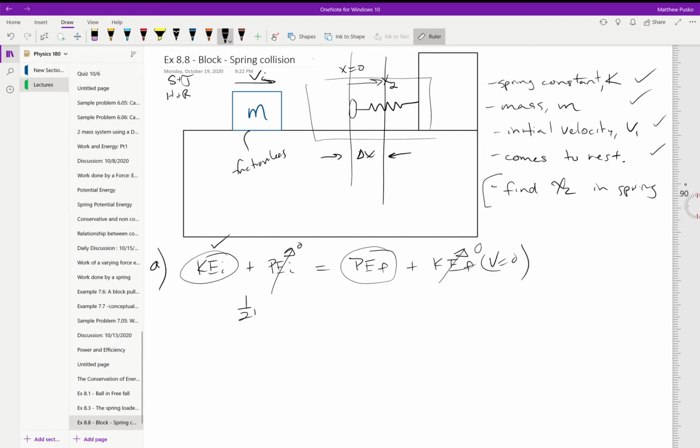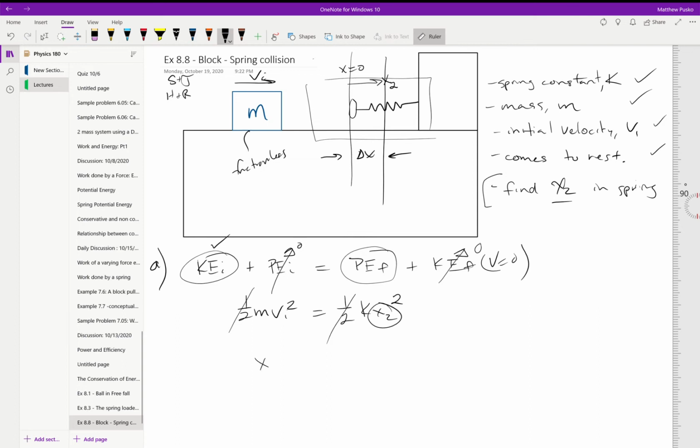We're just going to get 1/2 m v1 squared is equal to some spring term, 1/2 k, and we called it x2 squared. And we can solve for that right there. We're done. Just get rid of our 1/2s.